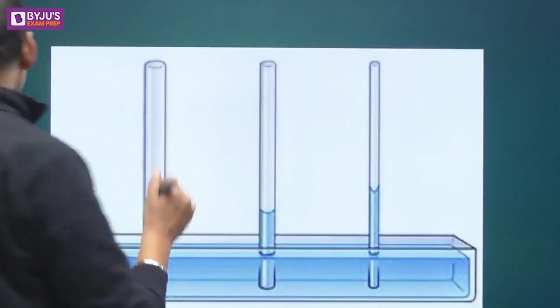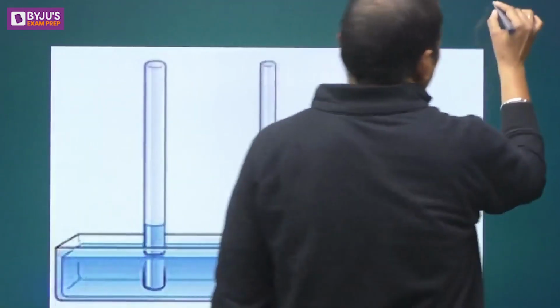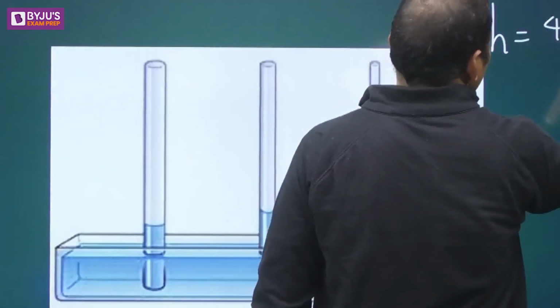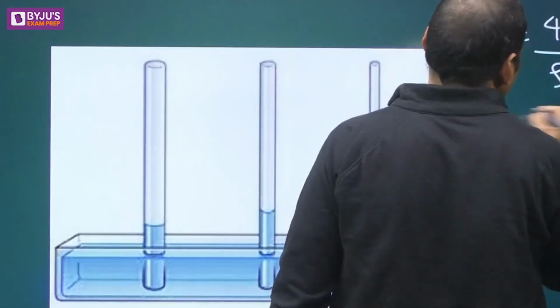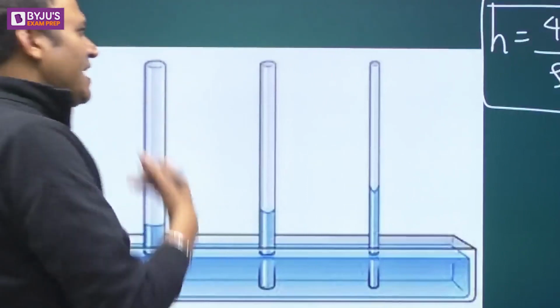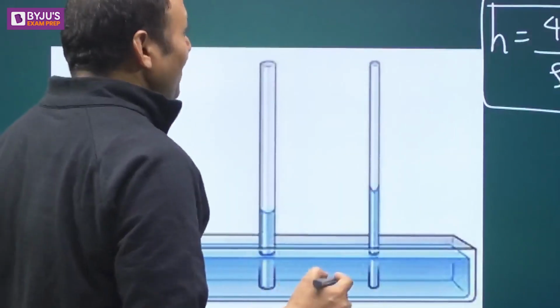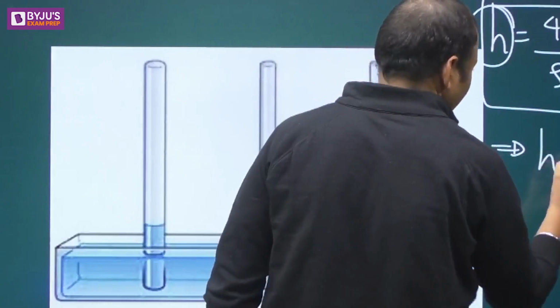So what is the formula we have discussed? H is equal to 4 sigma cos theta upon rho into G into D. That is the formula to be used, whether it is capillary rise or capillary fall. If it is a capillary rise, then H will be positive. But do you understand? H is inversely proportional to diameter.